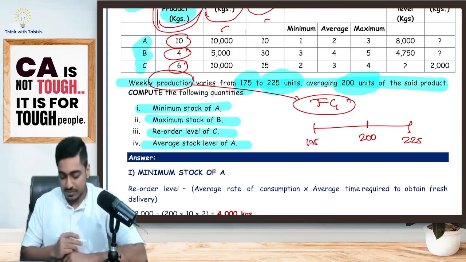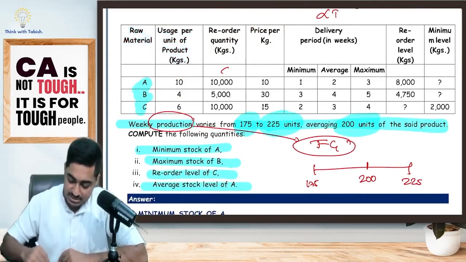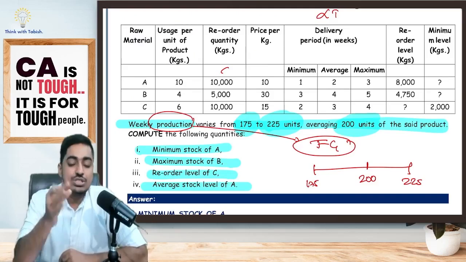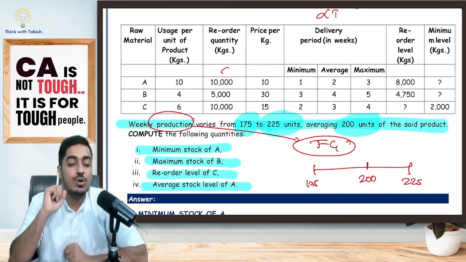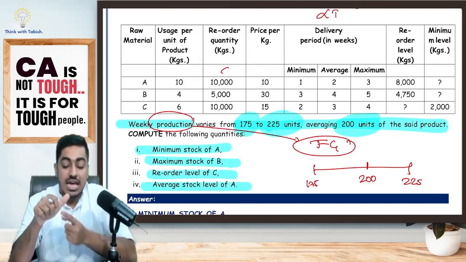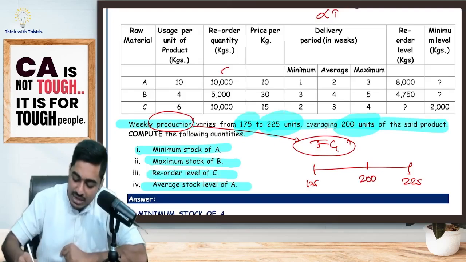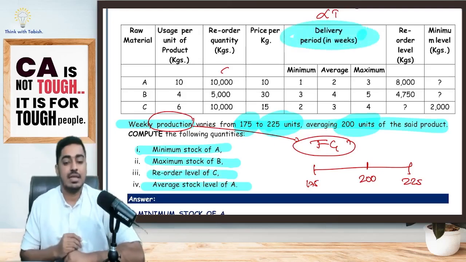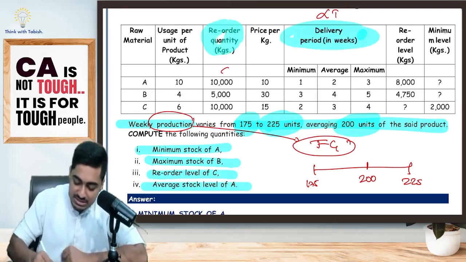This is the requirement. Sir, what is new in this question? Pay attention, always understand. I have told you, any question on inventory level I can solve. If I have three basic data, what all information do I want? I want information on lead time. Am I having it? Yes, lead time minimum, average, maximum. I want information on reorder quantity. Yes, it is there.